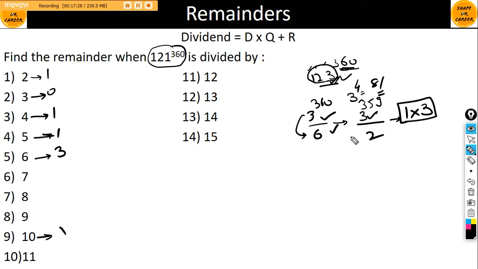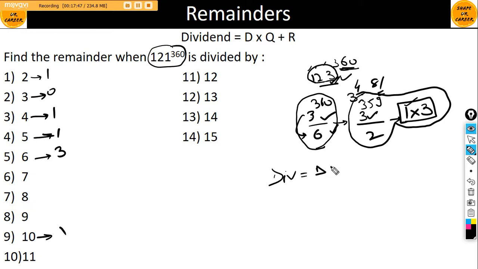The reason behind the same is, first of all, the question was 3 raised to power 360 divided by 6, what is the remainder? When we cancelled out values, the question boils down to 3 raised to power 359 divided by 2, what is the remainder, which comes out to be 1. So if I see that dividend equals divisor into quotient plus remainder, and if I take these set of values here, 3 raised to power 359 equals 2 times quotient plus 1 as my remainder.